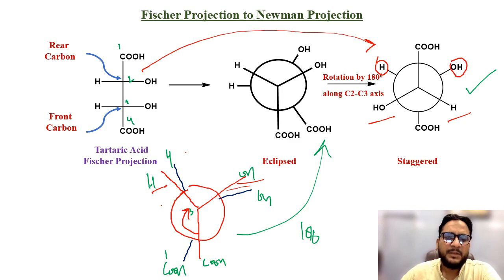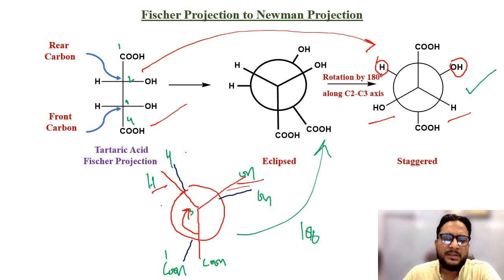Now, as I said, in case of erythro and threo isomers, students, although it is very easy to identify the erythro and threo isomers in the Fischer projection formula, as in this particular Fischer projection form of tartaric acid, it is clearly the erythro isomer. But most of the time when they ask this question, instead of giving the Fischer projection form, they generally give the Newman form or the Sawhorse form.